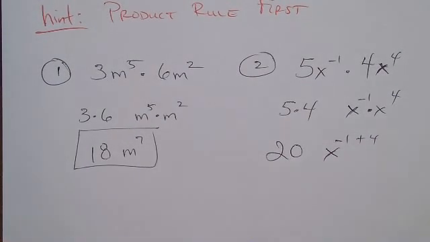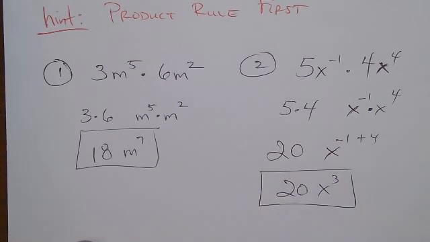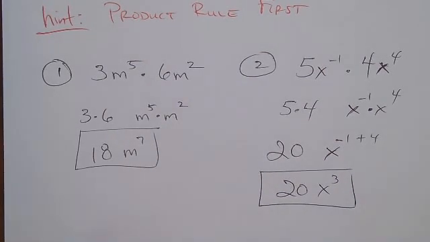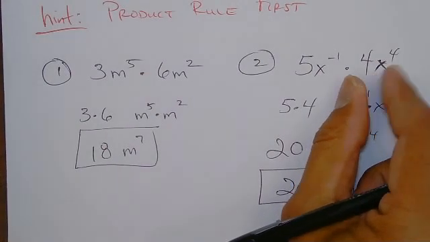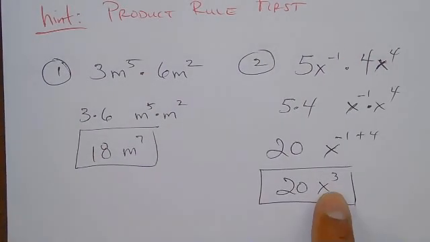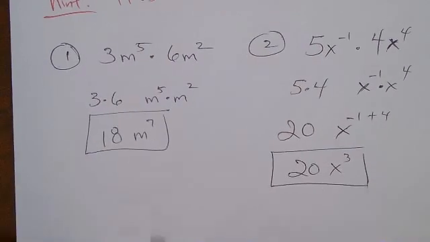Does everybody agree I have to do negative 1 plus 4? What happens when you add that? You get a positive. So the answer is 20 what? You see? You didn't have to move it down. Just do product rule. And if when it adds it's positive, then that's it, you're good.